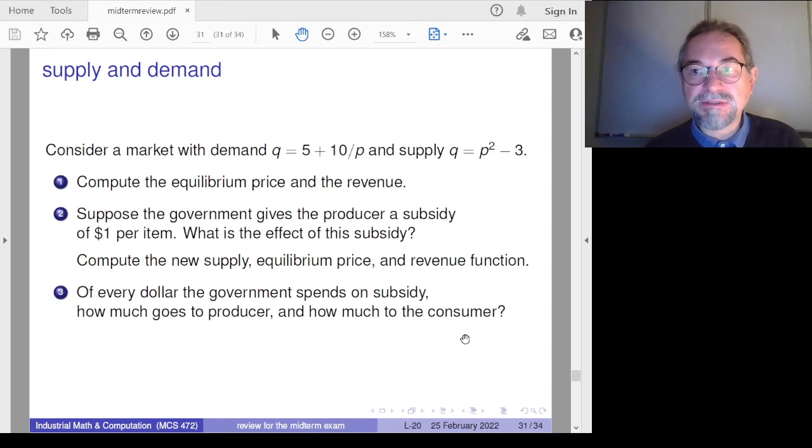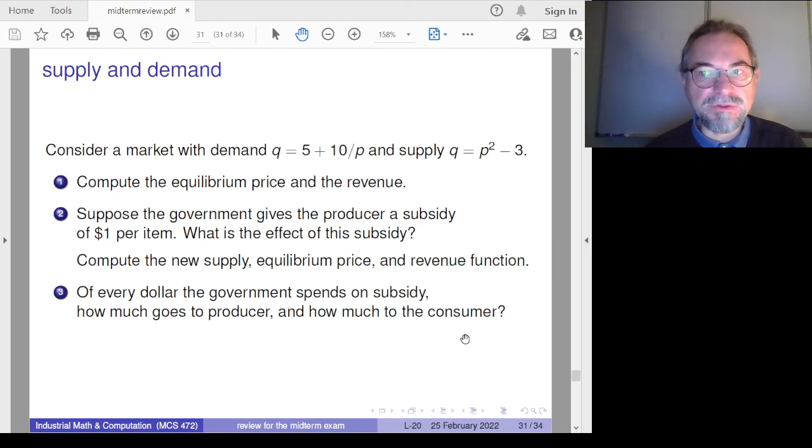So in some sense, one can always ask, if the government provides this subsidy, is that not giving away money for free to the producer? But there is also a benefit to the consumer. So the equilibrium price, as we will see, will actually go down.